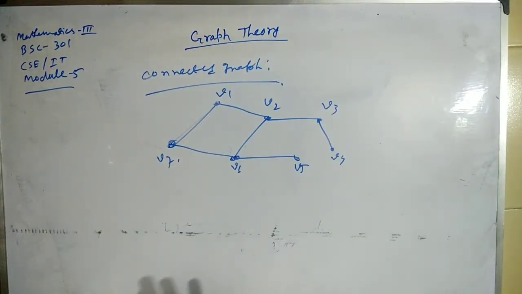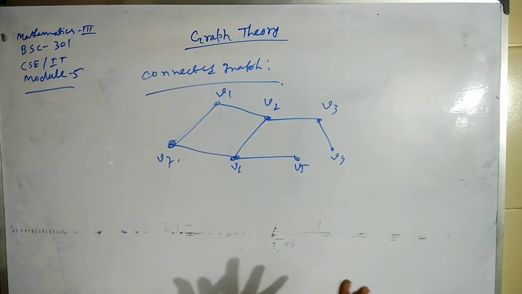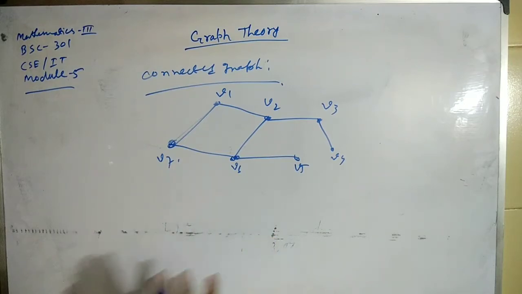Just by seeing, you can detect whether a graph is connected or disconnected, because now I will tell you what a disconnected graph is. A disconnected graph means there is at least one pair of vertices with no path. In this graph, all the vertices are connected by at least one path.